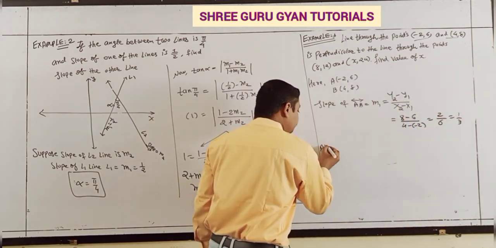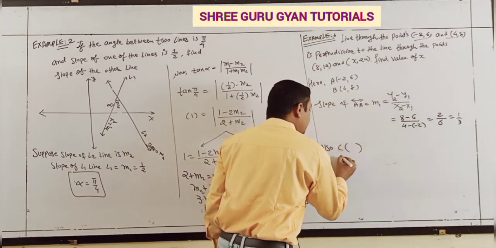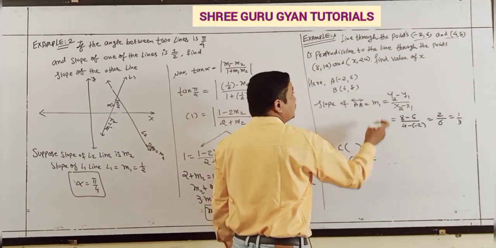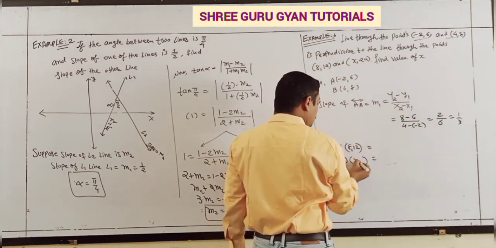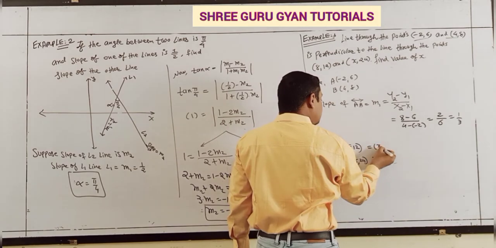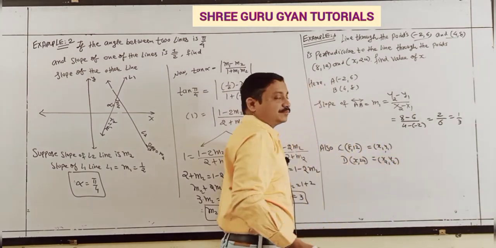Same for the second points C and D. C is (8, 12) and D is (x, 24), again x1 y1 and x2 y2.